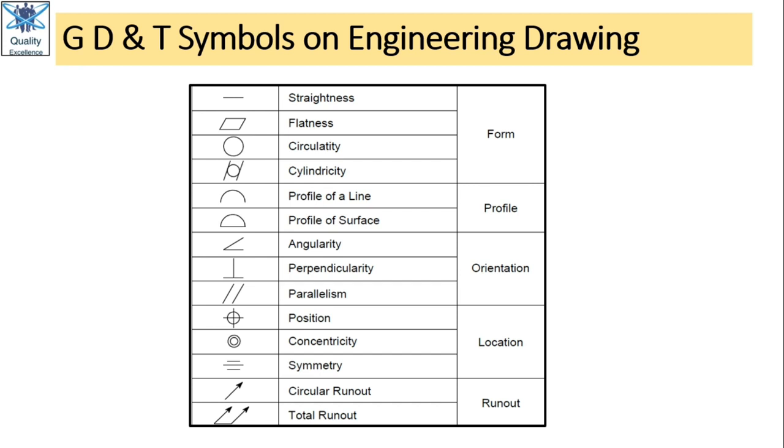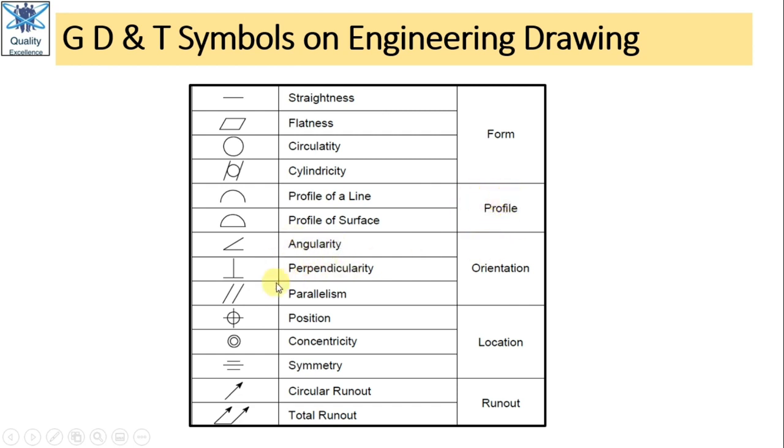Now, GD&T symbols on engineering drawing. You might be aware of all these symbols, so we'll not focus much on this. Straightness, flatness, circularity, cylindricity are categorized under form. Profile of a line and profile of a surface are categorized under profile.